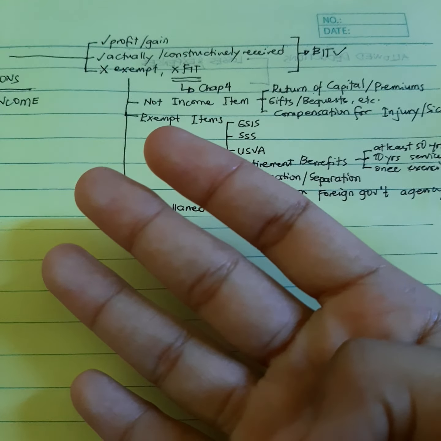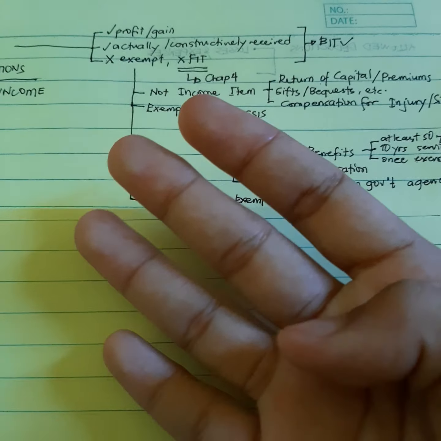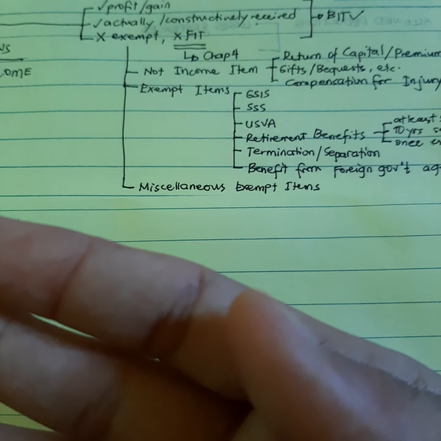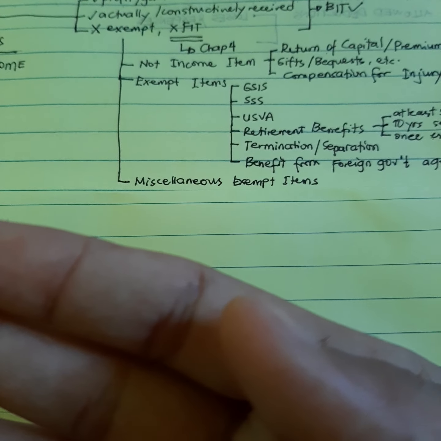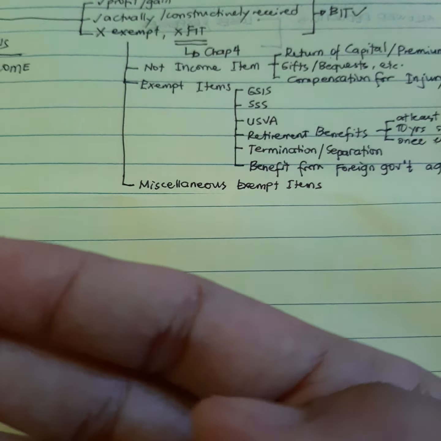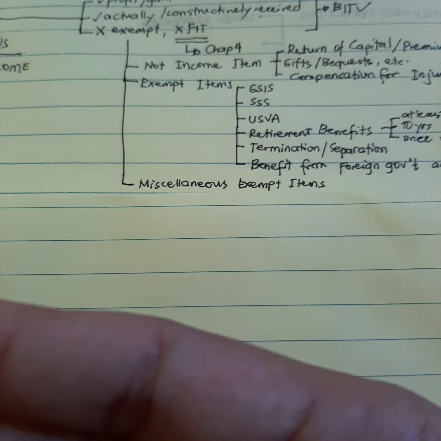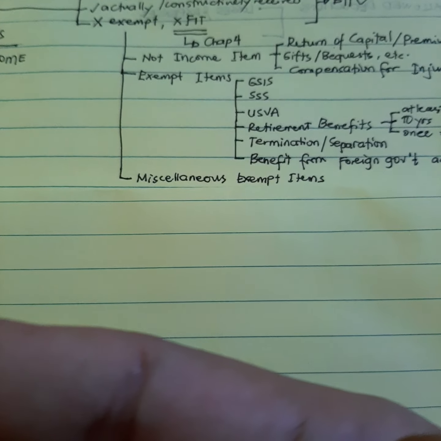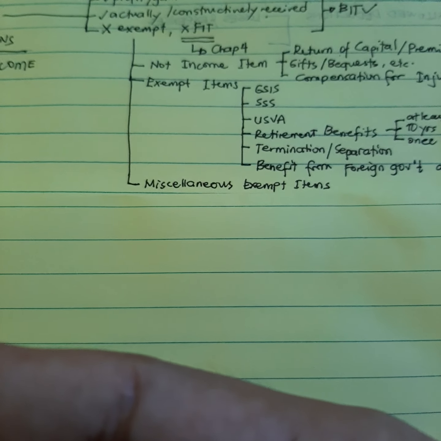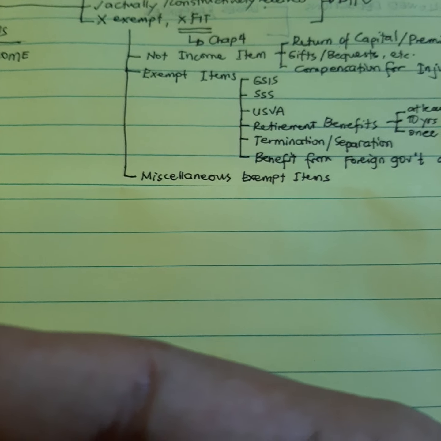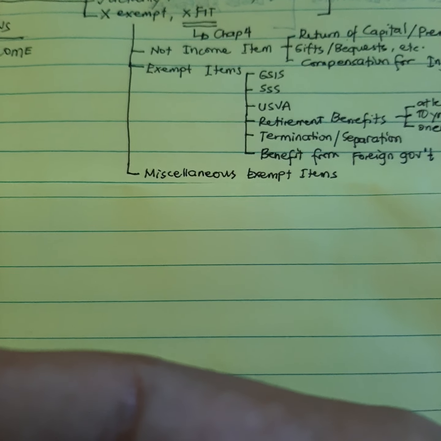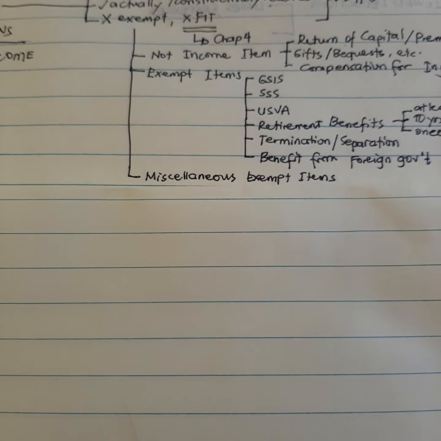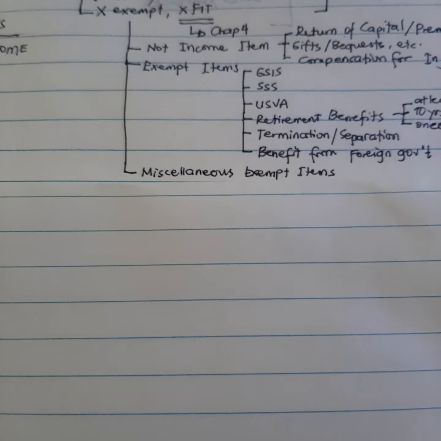Yung ikalima natin and ika-6, meron tayong 2 klase ng royalty. The first royalty, yung sinasabi ko sa inyo na LBM, we have the royalty from literary books and musical compositions which is subject to 10%. Then, other royalties, we have 20%. So, 6 na. 7 and 8, we have prizes. Pagka from Lotto, 10,000 and below is exempted. 10,000 and above is taxable at 20%.